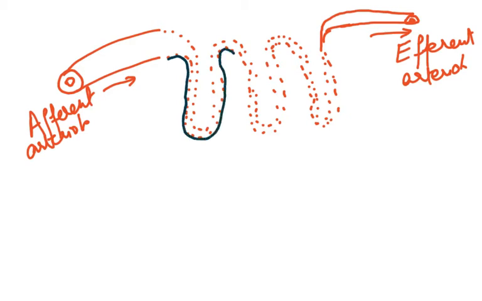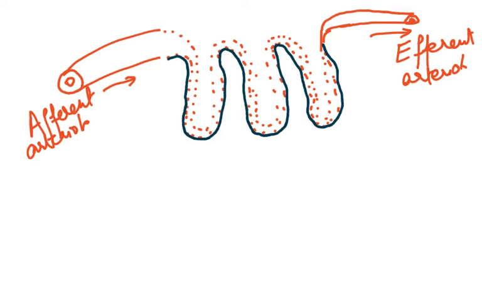Everything can move out of the capillaries, but what is preventing it is the basement membrane. The basement membrane is made up of a network of collagen and glycoproteins.